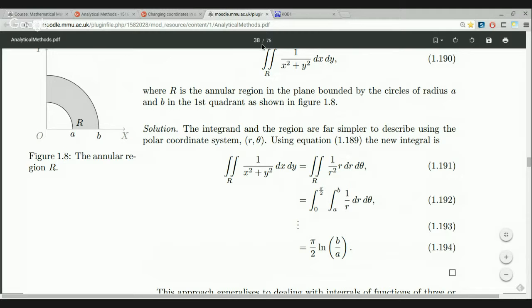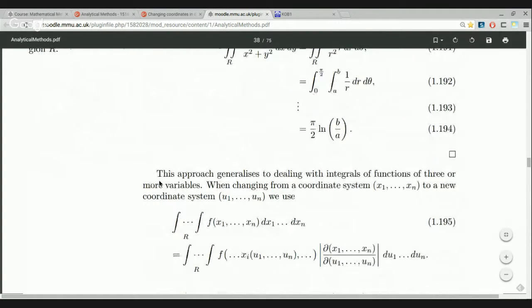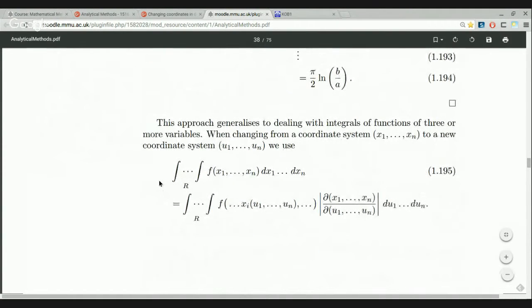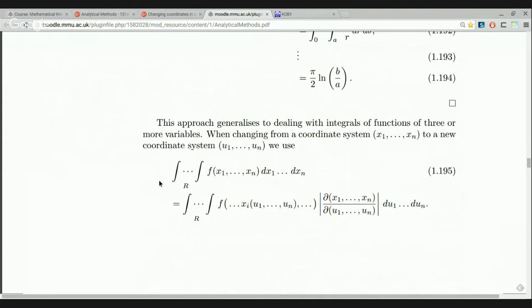Before we go on to look at some more examples, just to look at the picture in general, you can scale this up to any number of dimensions. If you're integrating a function of n variables, f of x1 up to xn, with respect to the normal Euclidean basis x1 up to xn of Rn, you'd be integrating over some sub-region, or sub-volume, of Rn, and you could translate that integral into a new coordinate system.